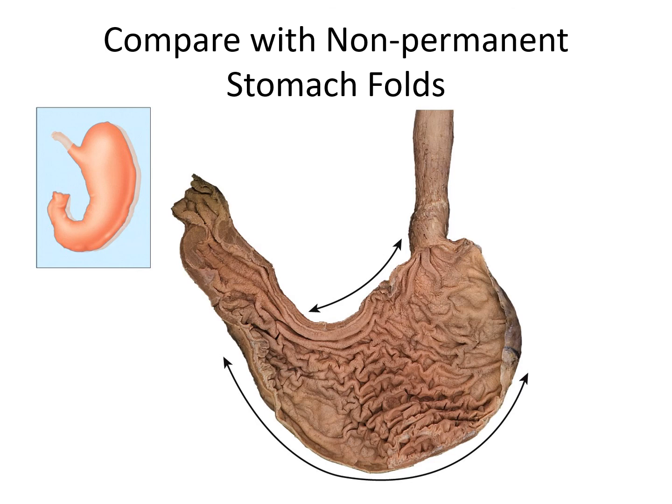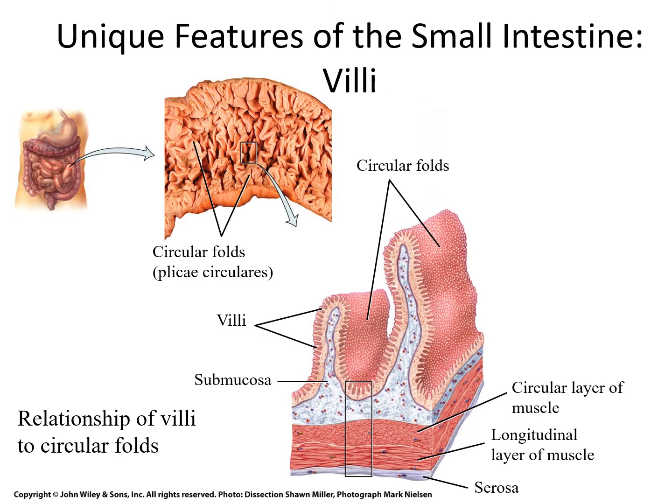So the intestines don't have to expand very much. Their volume doesn't change a whole lot. And the folds in the intestine are permanent. They don't change a whole lot as material moves through them. And once again, I can't stress enough how much surface area there is on the inside of the small intestine.